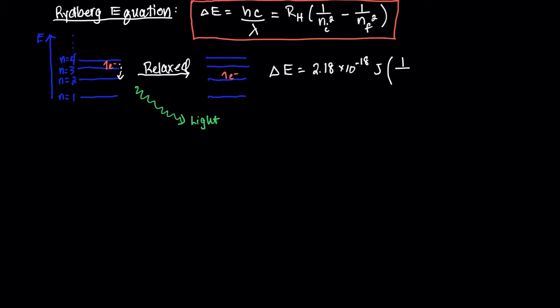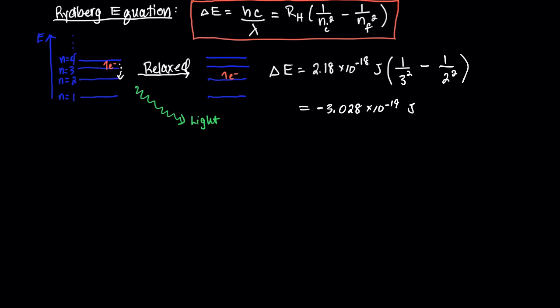In this case, n sub i is equal to 3, so 1 over 3 squared, minus 1 over 2 squared. If we plug that into our calculator, I get negative 3.028 times 10 to the minus 19th joules.